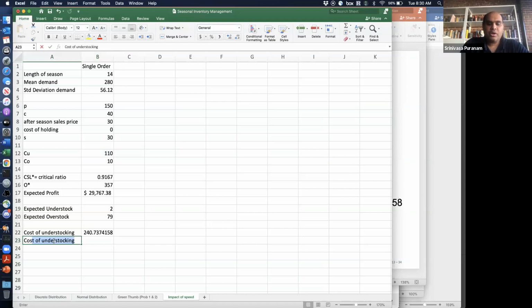And the cost of overstocking is again the same. So you expect to be overstocked by 79 units, and the cost of overstocking is $10 per unit. So these are dollars.